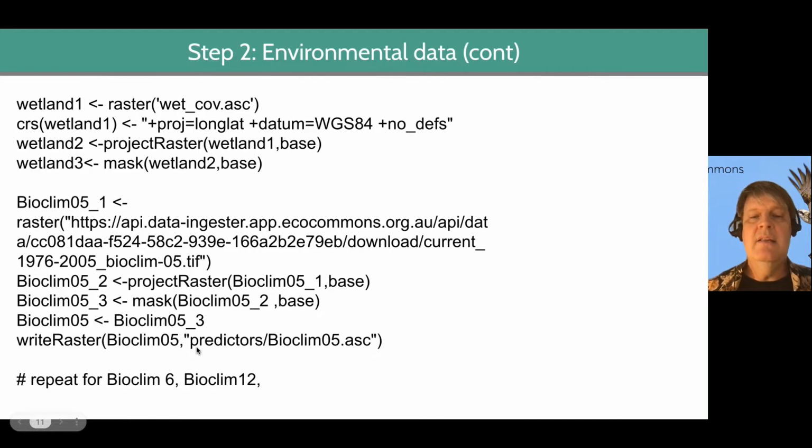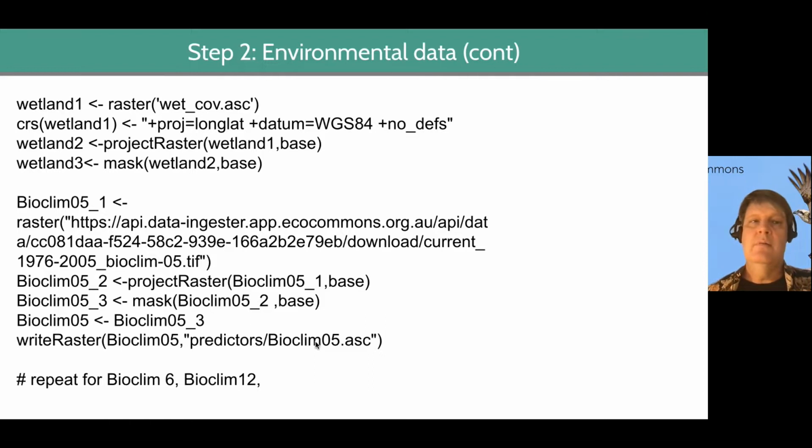And here we're writing it to a folder called predictors in our working directory. So that's important because we're going to predict to these variables later, because we want to predict across not just where we took the data, but across our whole study area. So in order to do that, we need to save an example of each one of these files.